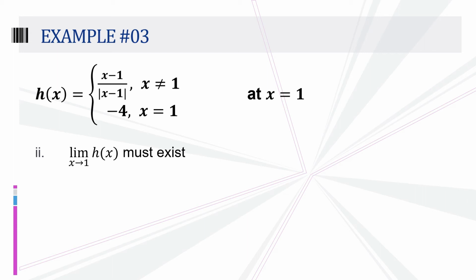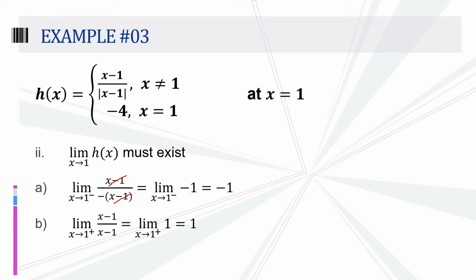Okay? So, i-check natin yung kanyang one-sided limits. First, the limit of x minus 1 all over negative of x minus 1 as x approaches 1 from the left. Kasi from the left, kaya negative yung ginamit. So, pwede natin tanggalin to. That is just equal to the limit of negative 1 or that is equal to negative 1.